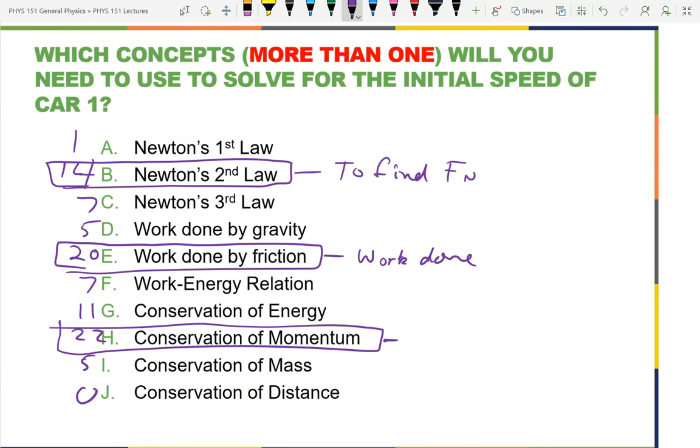Why not? It's not a good answer. I honestly don't know. Because during the collision, momentum was conserved.